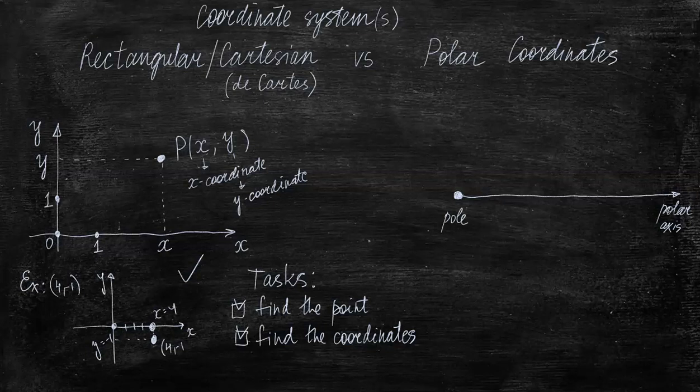On the polar axis we also have a scale, so 0 is at the pole, and then we can have 1 unit, 2 units, etc. Now we can extend the polar axis in the negative direction and continue labeling with negative values: -1, -2, and so on.